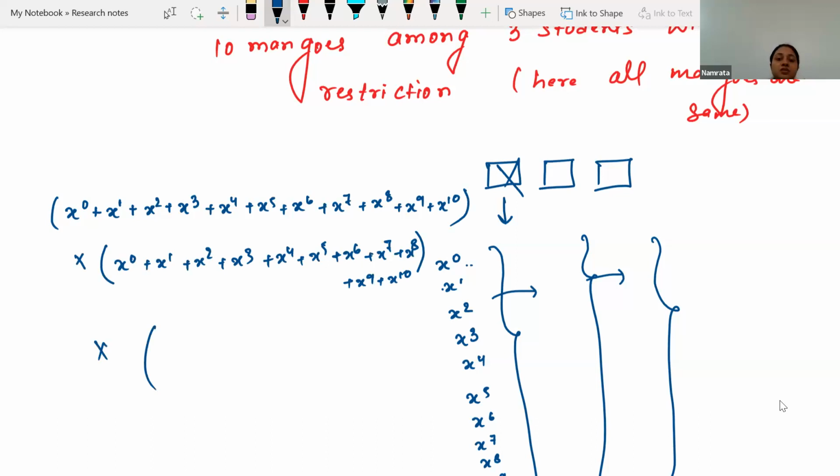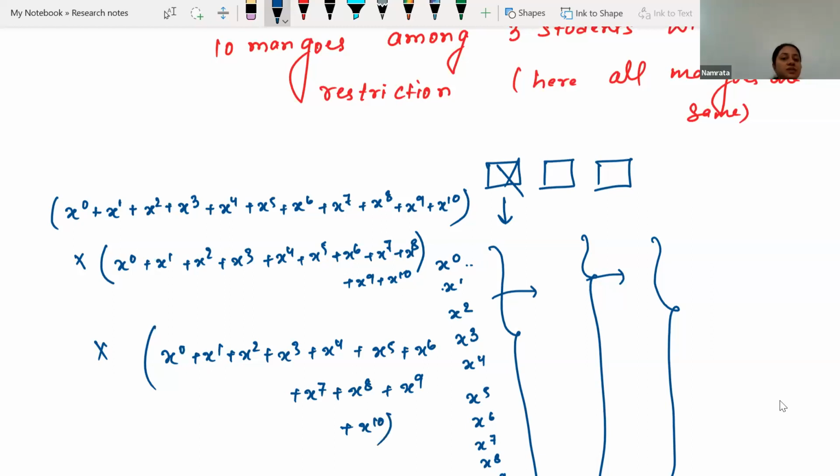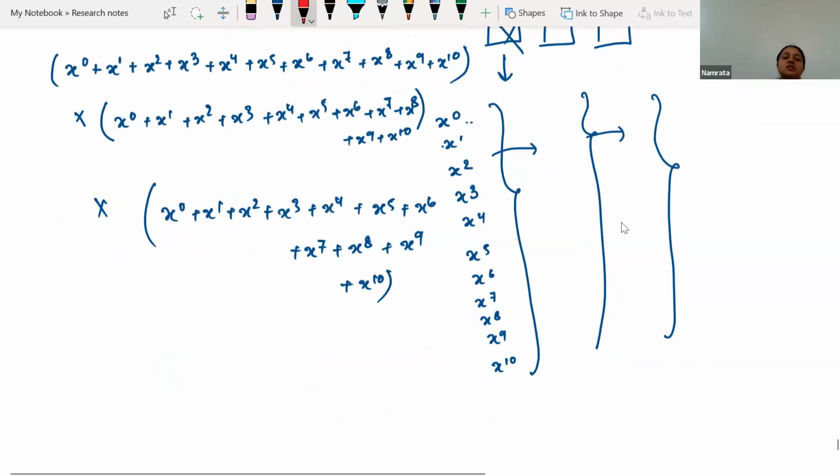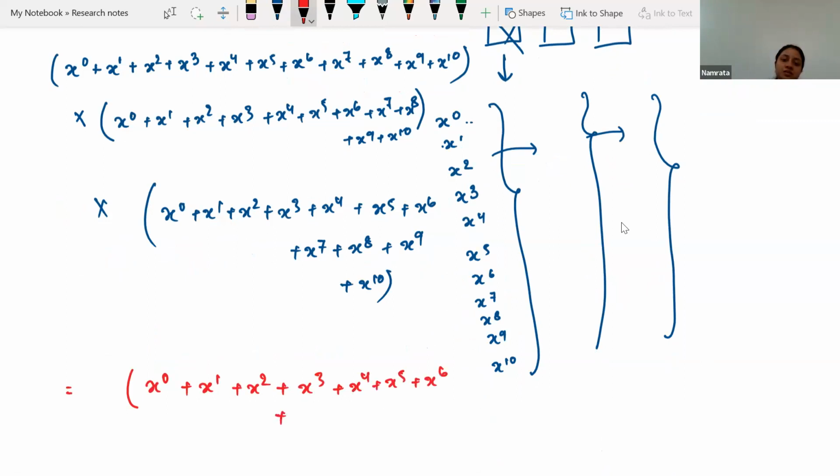And we also need to write the possible cases for the third student. So these are all the possibilities which we have written, and in a concise manner, since we are just multiplying the same thing again and again for 3 students, can I write it as x to the power 0 plus x to the power 1 plus x to the power 2, power 3, can I write Lena?